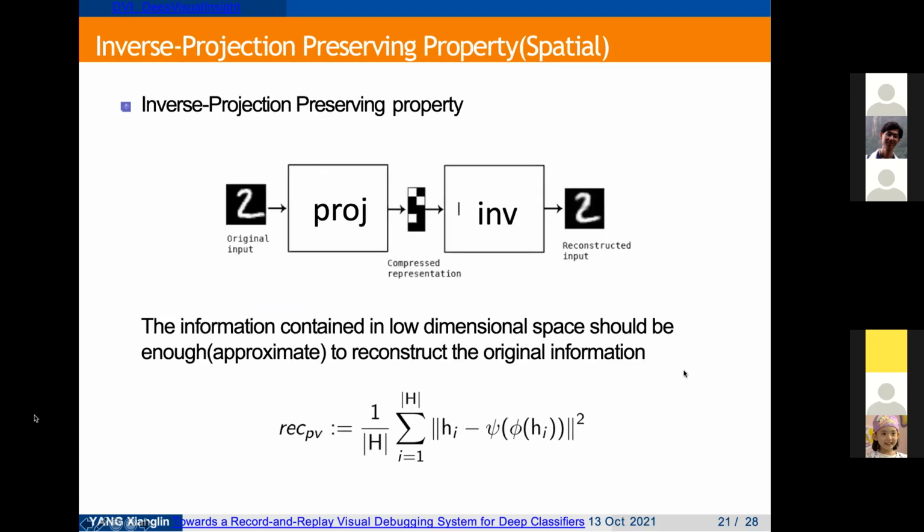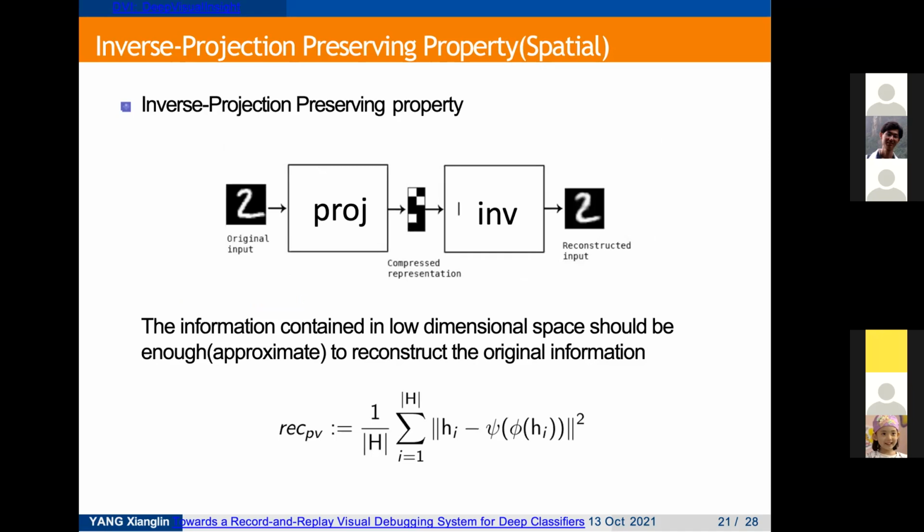For the third property, the inverse projection preserving property, in the middle we show an example of projecting some original input to low dimensional space, which is the compressed representation, and then using an inverse function to reconstruct the original input.